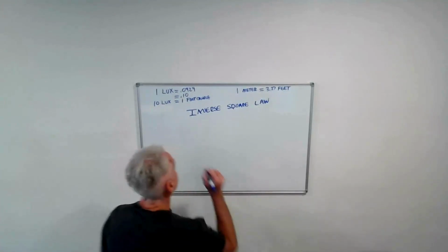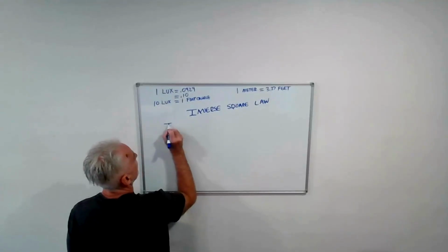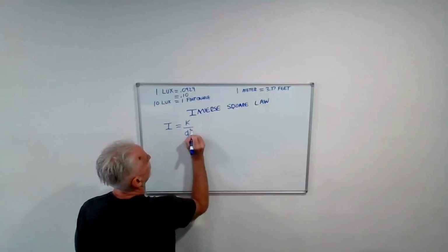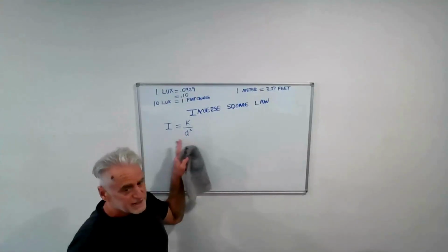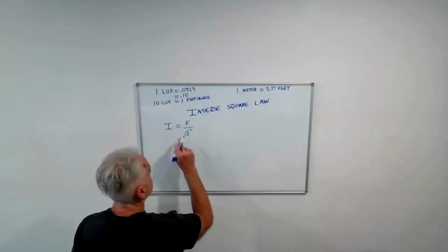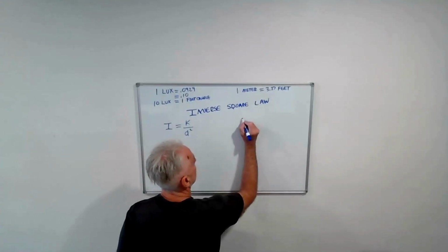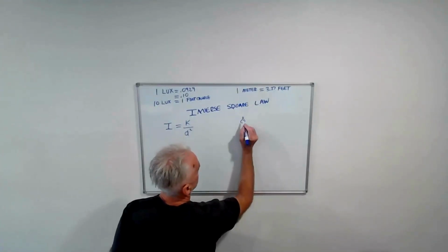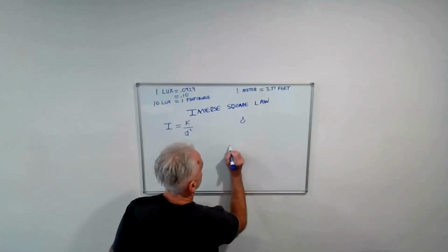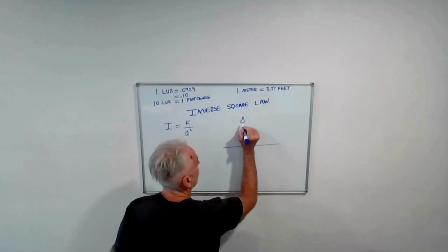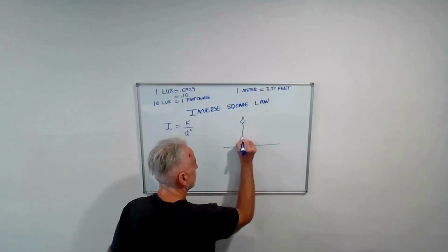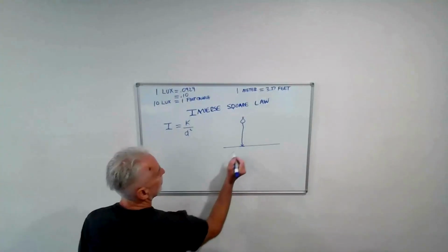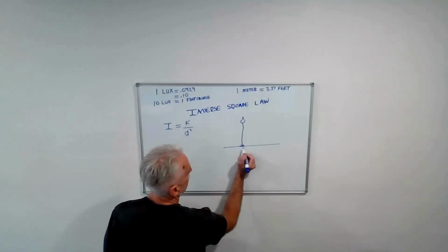So the formula for that is I equals K over D squared, where K is going to be our lux and D is going to be our distance. So if I have a fixture, and I got to work in my lamp images here. All right, so if I have a light source up here and I have a surface down here, directly under the bulb, straight down, what's my lux number for the surface below?